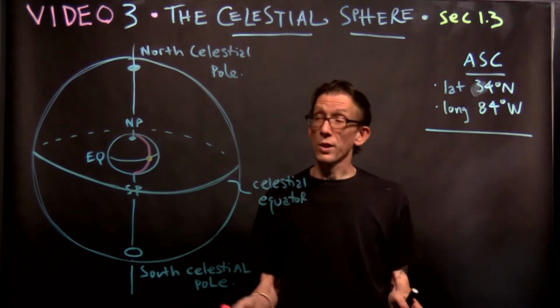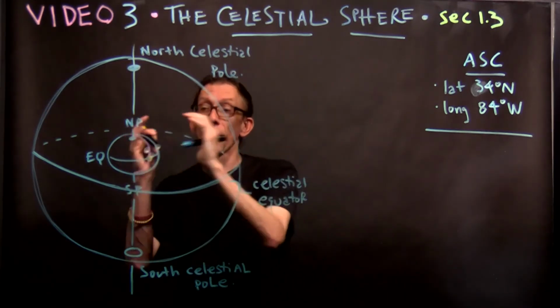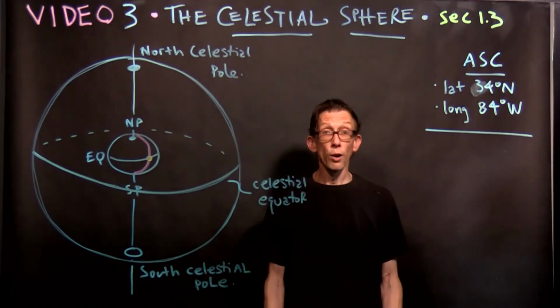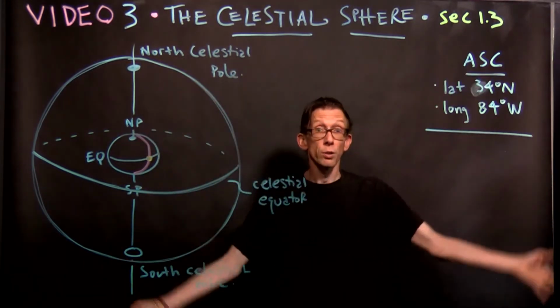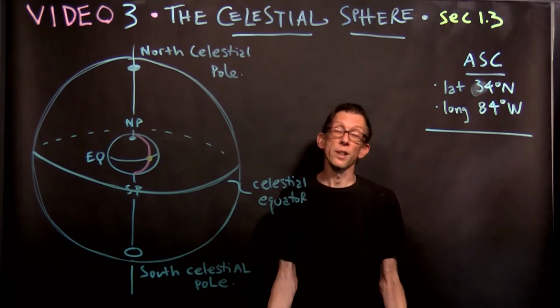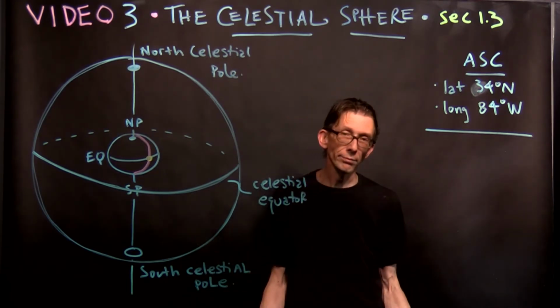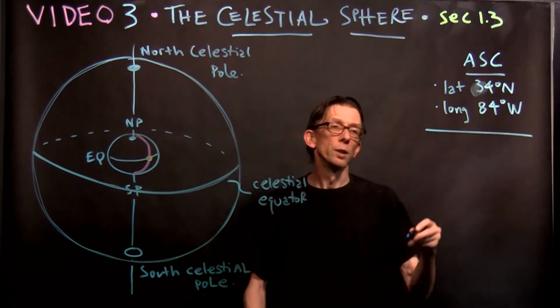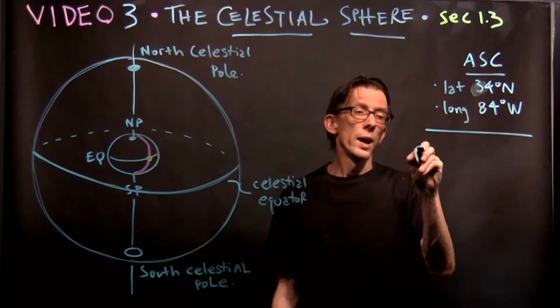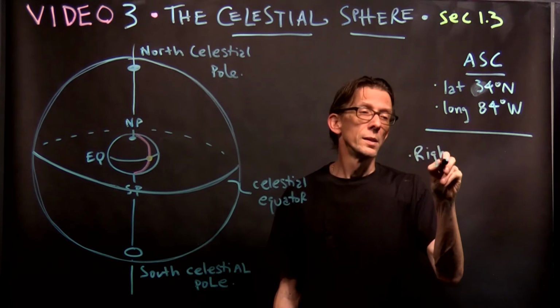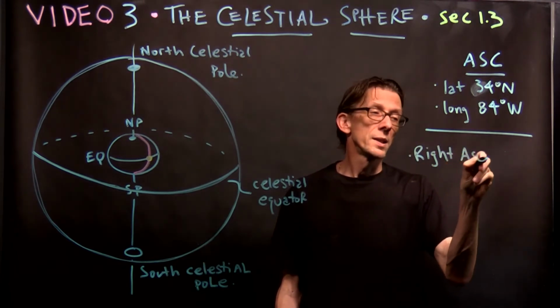Okay? So in the same way that there's a grid of latitude and longitude on the Earth, there's a grid of latitude and longitude on the celestial sphere, but it's not called latitude and longitude. It's called right ascension.